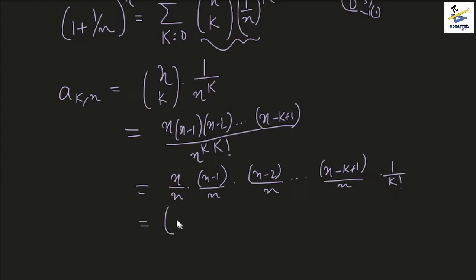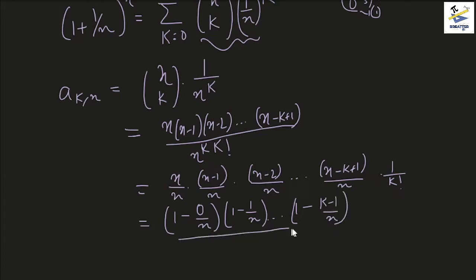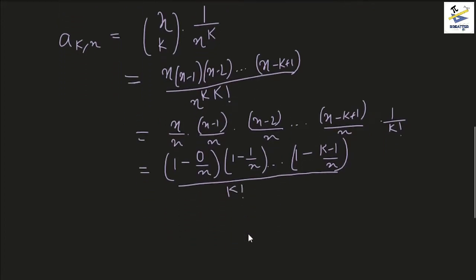So this gives us 1 minus 0 by x into 1 minus 1 by x and all the way up to 1 minus k minus 1 by x whole divided by k factorial, right? Which can be written in the product form as follows: product r equals 0 to k minus 1 of 1 minus r by x, and there is a 1 by k factorial outside, right?